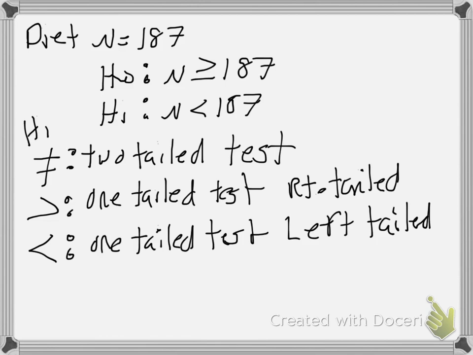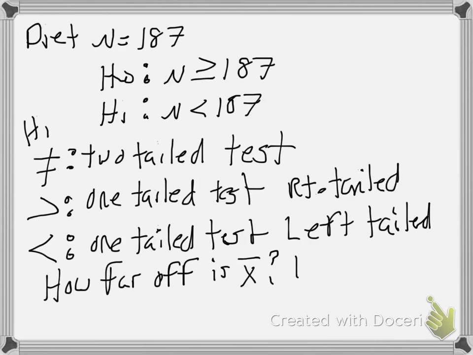So what we're going to be doing with hypothesis testing is we're going to figure out how far off is X bar, and then we have to say, is it significant? Now, our decision about significance can be one of two things.